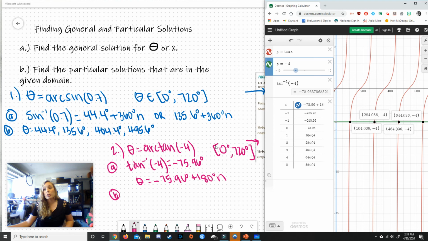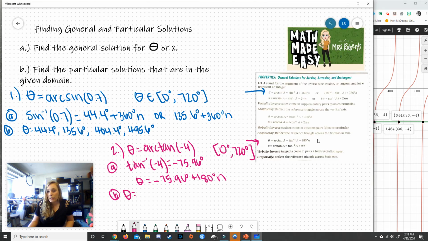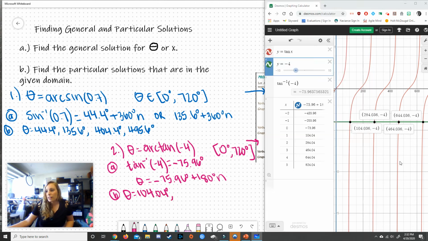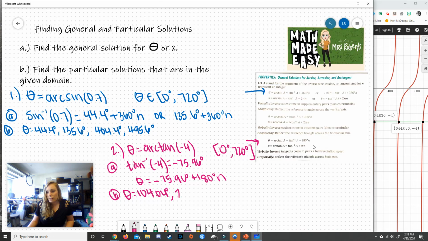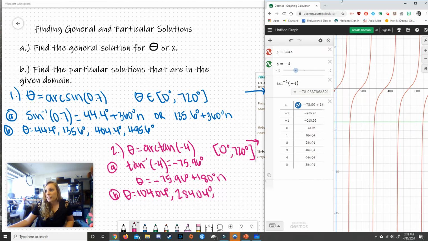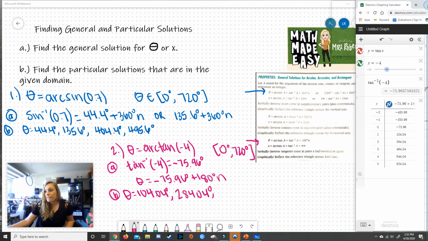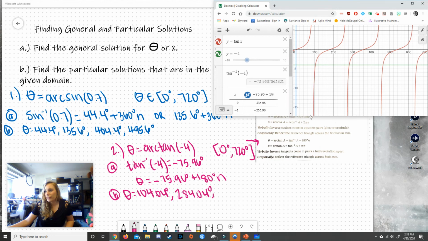So we only care between 0 and 720. The first one is going to be at 104.04 degrees. So theta equals 104.04 degrees. The next one is going to be at 284.04. Oops. Sorry, guys.